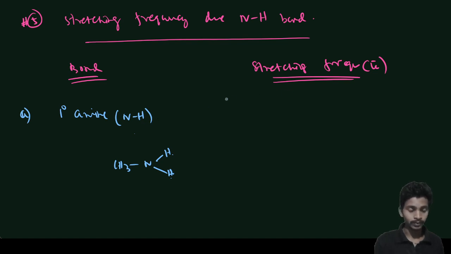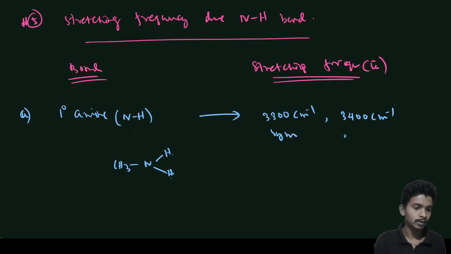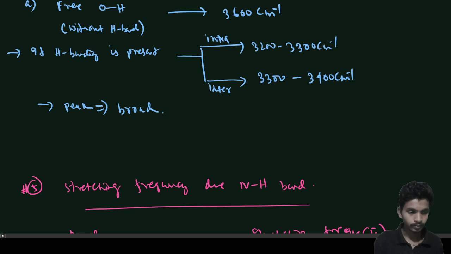One peak is at 3300 centimeter inverse, another at 3400 centimeter inverse, for symmetric and asymmetric.